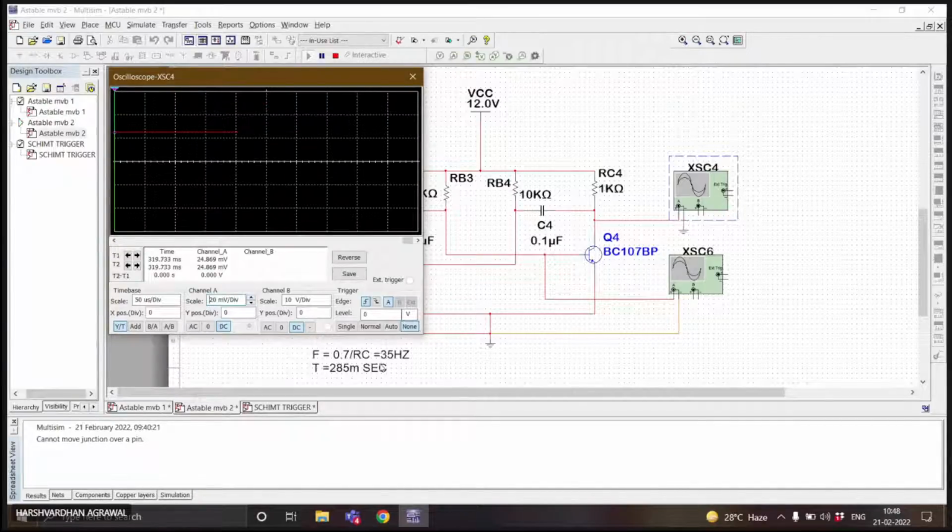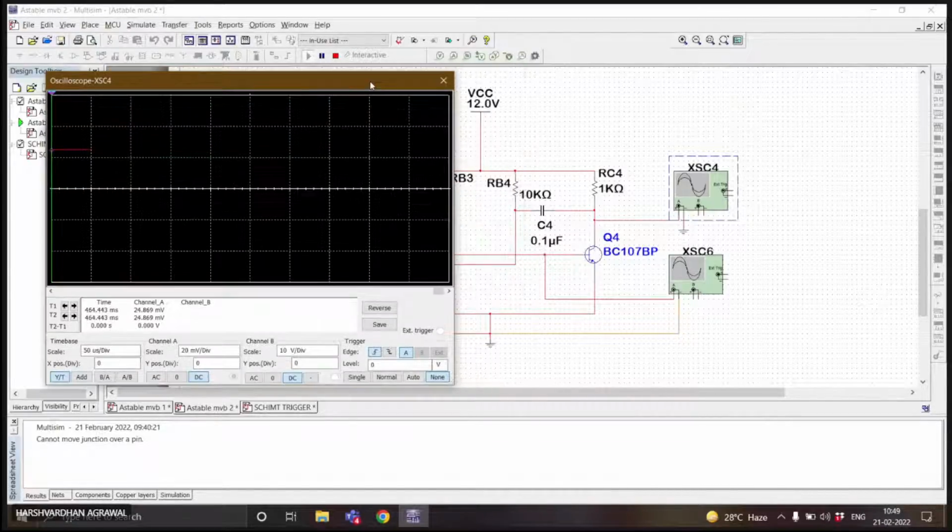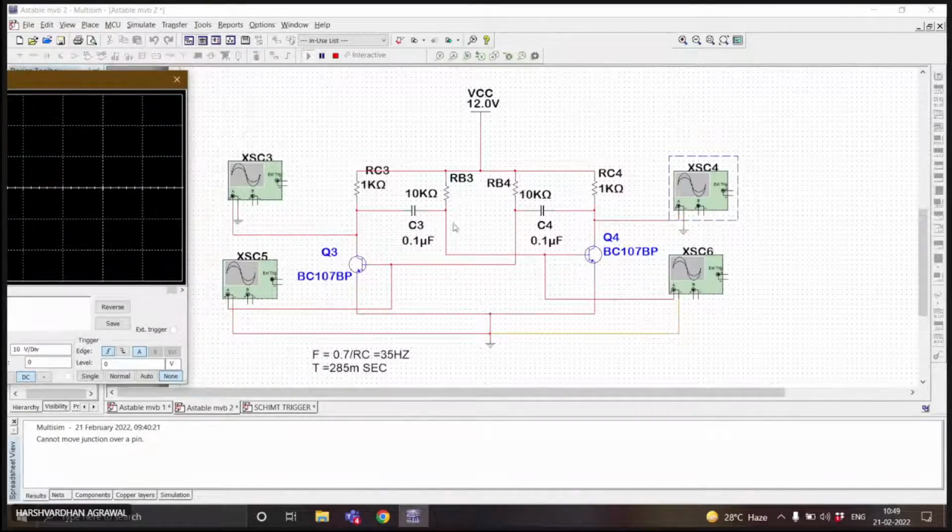Ma'am, we are getting a straight line here. No, no, no, no. Straight line you should not get. Ma'am, for all the four, I'm getting the straight line only. I used the same diagram as the manual.